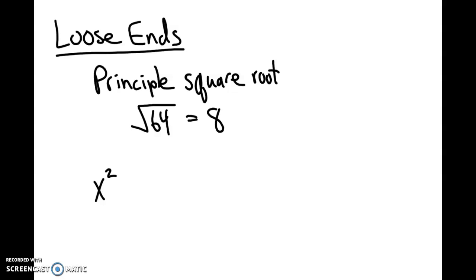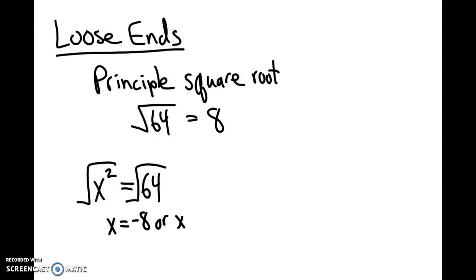That equals 8. However, if I say x squared equals 64, what I would do is take the square root of both sides. And here I'm going to get x could equal negative 8, or x could equal positive 8. Because if you were to go negative 8 times negative 8, you'll still get positive 64, just as if you were to do 8 times 8.